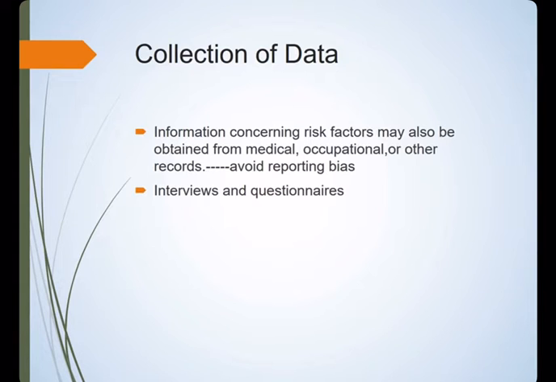The most objective means of characterizing exposure is through the use of biological markers in blood or other specimens. There are several difficulties inherent in the use of biological markers. First, obtaining the specimens can involve an invasive procedure that discourages subject participation.